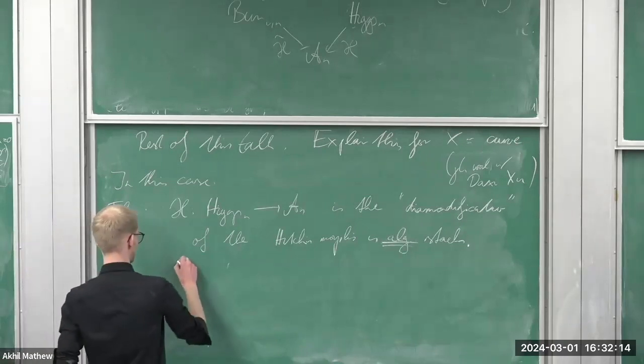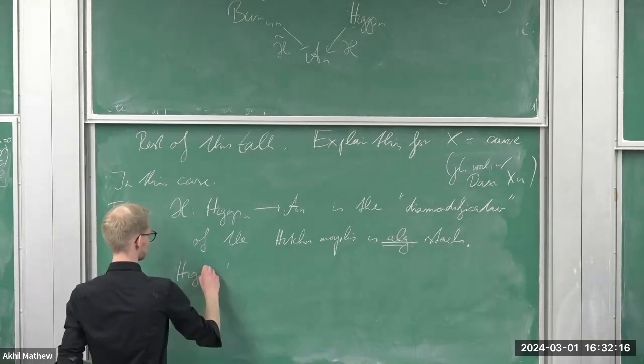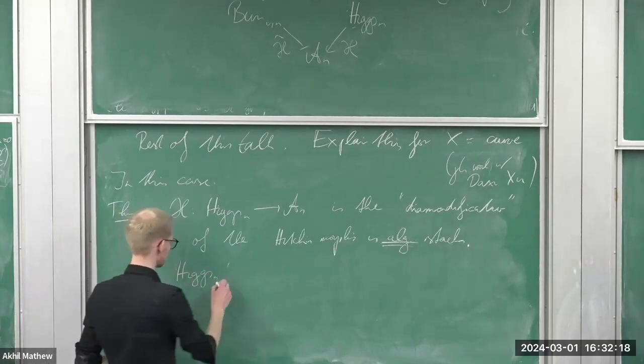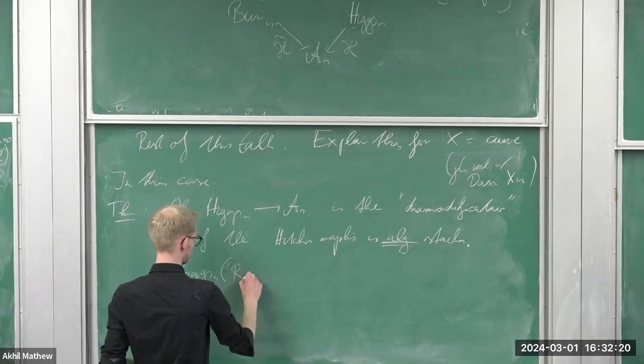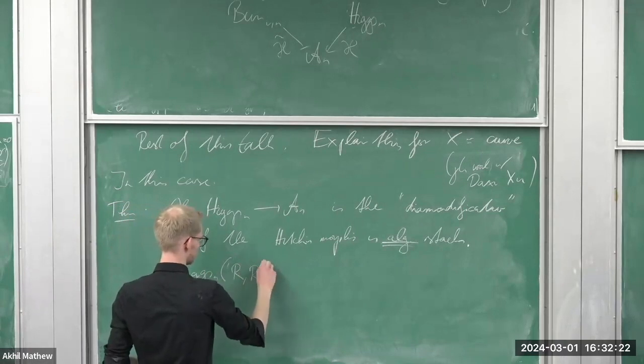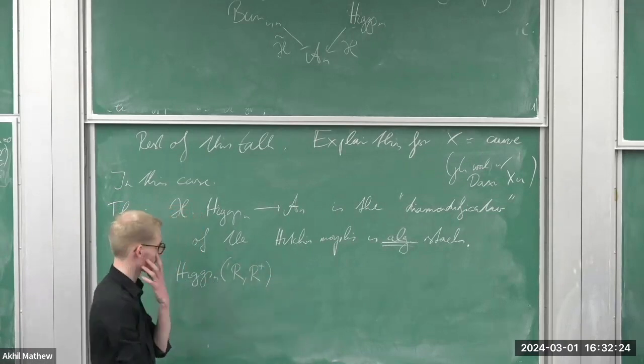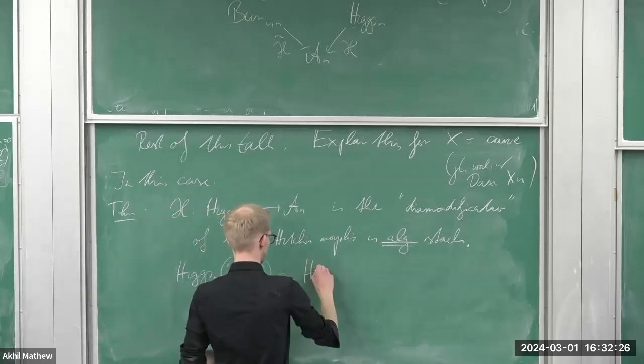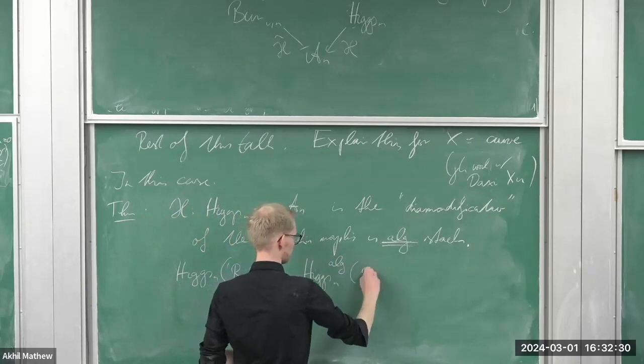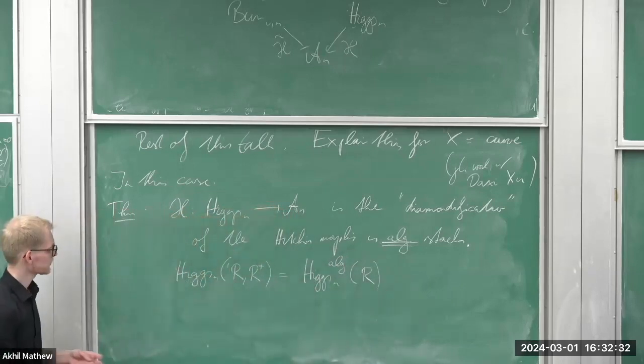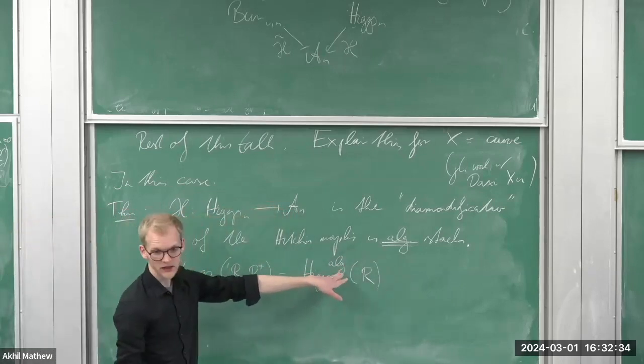I don't have to understand what diamondification means at this point. But when you say Hitchin morphism in algebraic, you are algebraic as opposed to analytic. Yes. So let me write Higgs and alg.